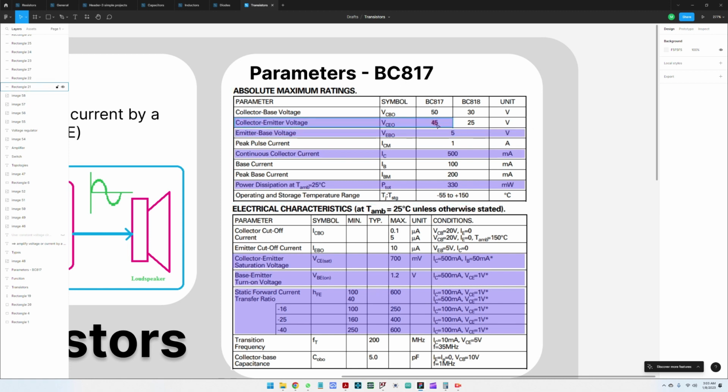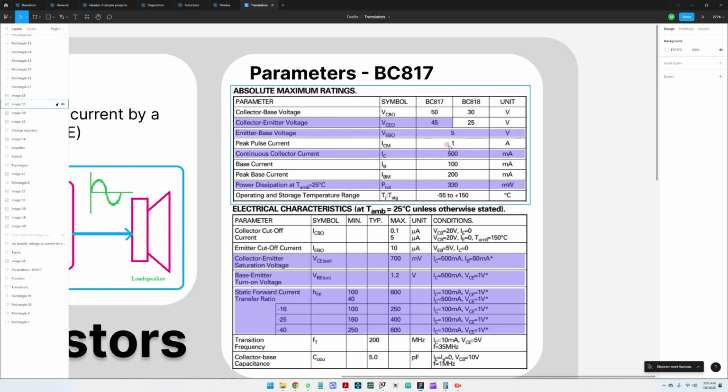I would not go that high with this transistor. I would use it at maximum for 30 volts. The emitter-base voltage, in case it's polarized between the emitter and the base, has a maximum of 5 volts. Beyond that it will do structural damage to the transistor.